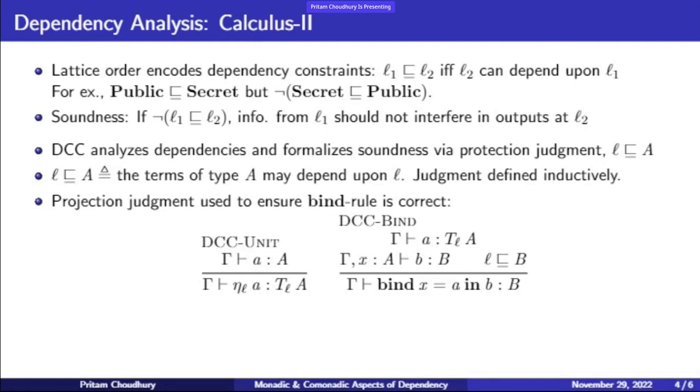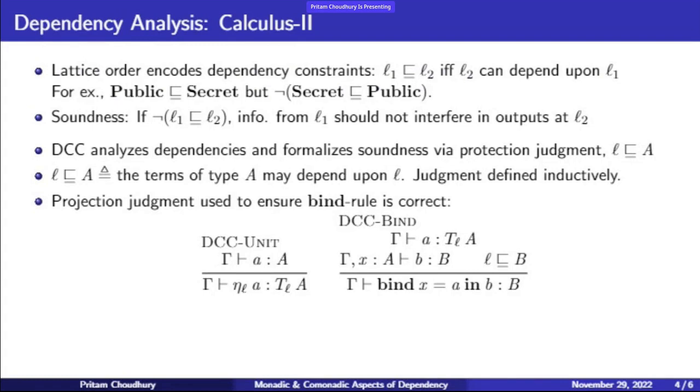If B can observe L-secure values of A, only then we allow that value of A to be used in small b. Without this protection judgment, this rule does not really work. This would lead to unsoundness.